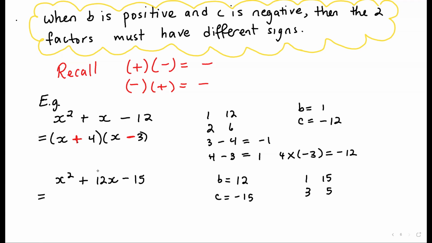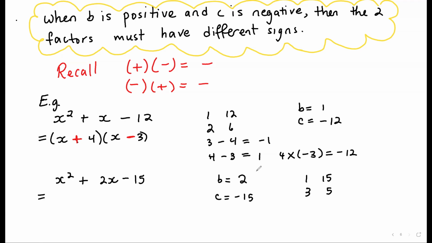It should have been 2. I made a mistake. B is positive 2, and C is negative 15. So listen, my factors: I have 1 and 15, 3 and 5. The factors here that could give me positive 2 have to be 3 and 5, because with 1 and 15, you can't add or subtract to get positive 2.